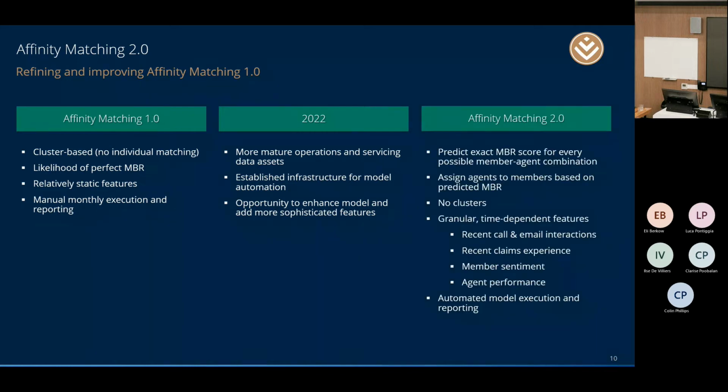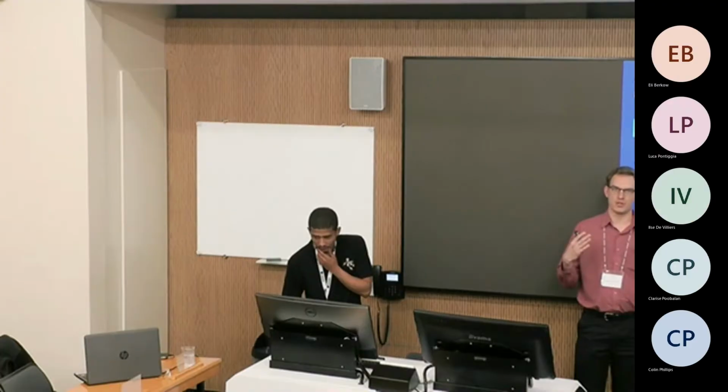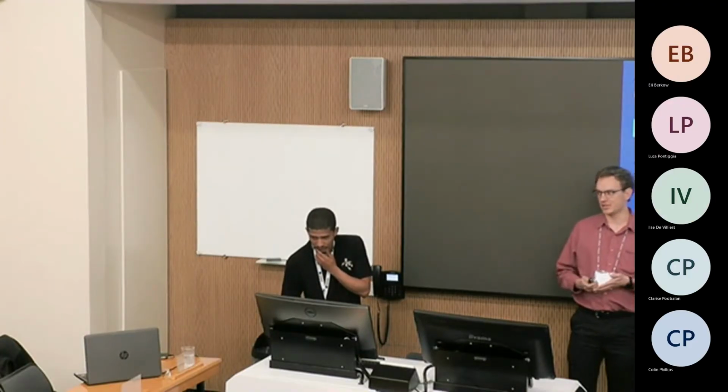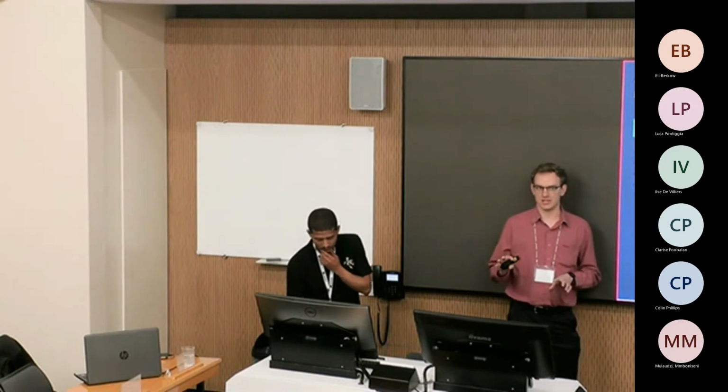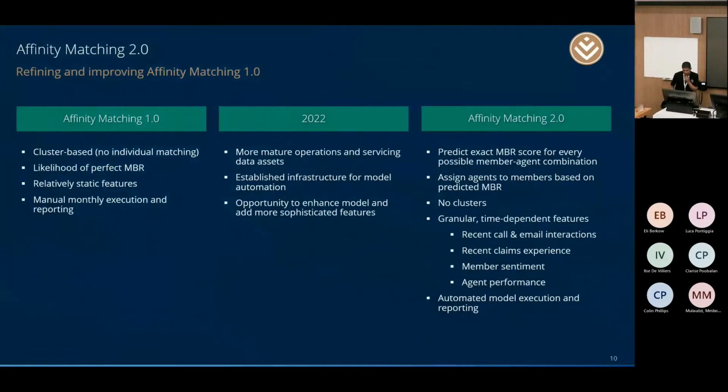The premise of Affinity Matching 2.0 would be to predict the MBR for every possible member-agent combination. So what we say is we take all our members, all of our call center agents, and let's predict the MBR score for every possible combination of if a member would speak to an agent.